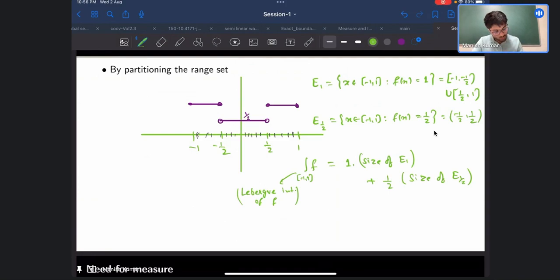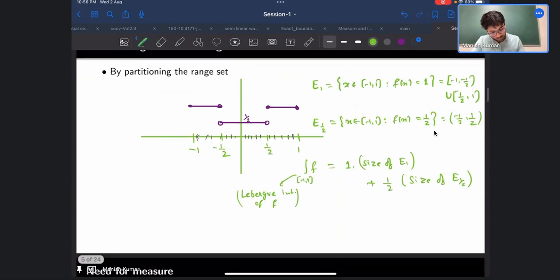So here what we are doing, we first try to determine the range of f. So the range of f is 1 and half. Corresponding to each of the values, we write E1, E half, and then we multiply the value of the function with the size of E1, right?